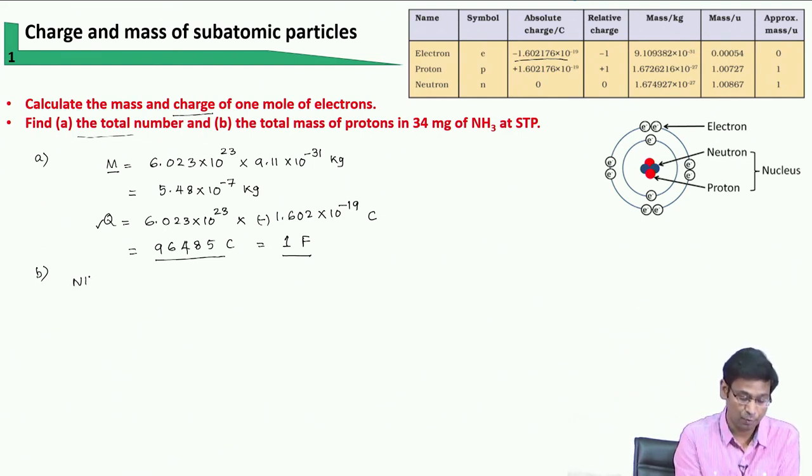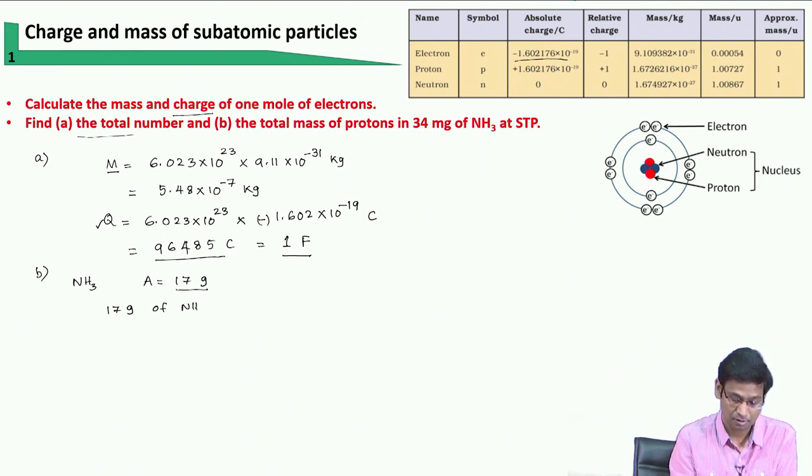Ammonia has 1 nitrogen atom and 3 hydrogen atoms. So, therefore, its molecular mass is 17 gram. So, 17 gram of ammonia. This is a molecule, so this is the molecular mass of ammonia.